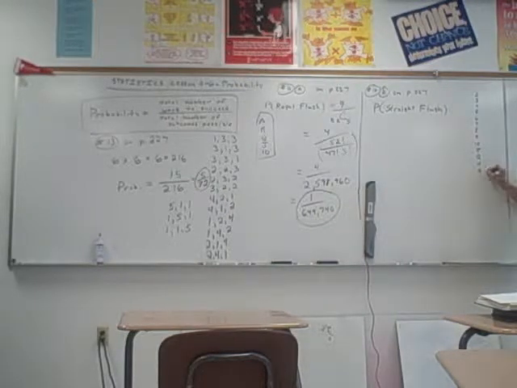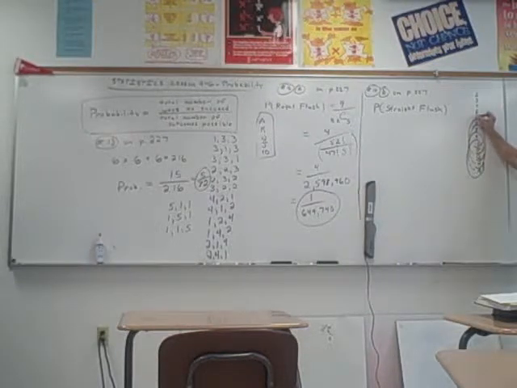So it could be a royal flush, ace through 10, so there's one way, or it could be king through 9, that's 2, queen through 8, that's 3, jack through 7, 4, or it could be 10 through 6, that's 5 ways, or 9 through 5, that's 6 ways, or 8 through 4, that's 7 ways, or 7 through 3, that's 8 ways, or you could get the lowest 5 numbers, 6 through 2, so that's 9 ways.